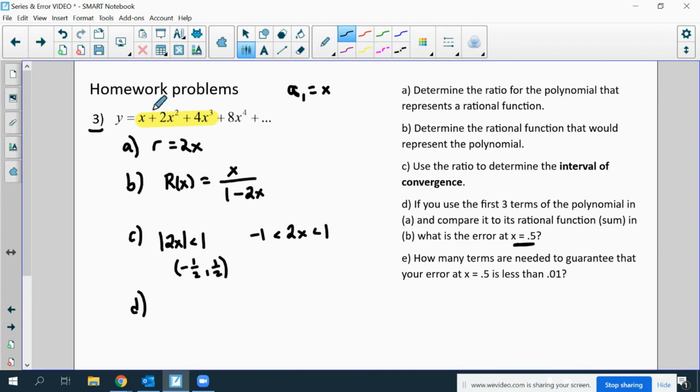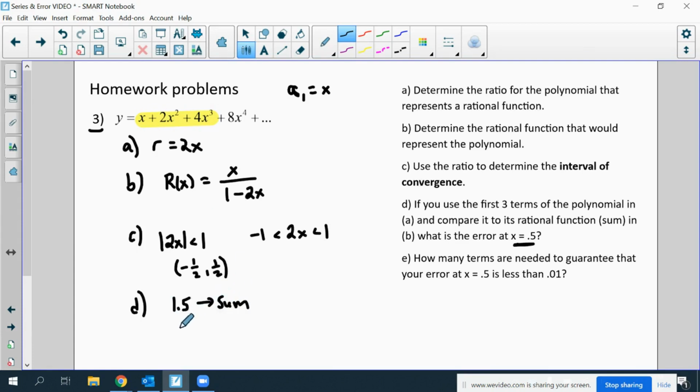If I plug in 0.5, I get 0.5 plus 2 times 0.5 squared plus 4 times 0.5 cubed, and that ends up being 1.5. It's always 1/2, basically 1/2 plus 1/2 plus 1/2. So that is my sum.